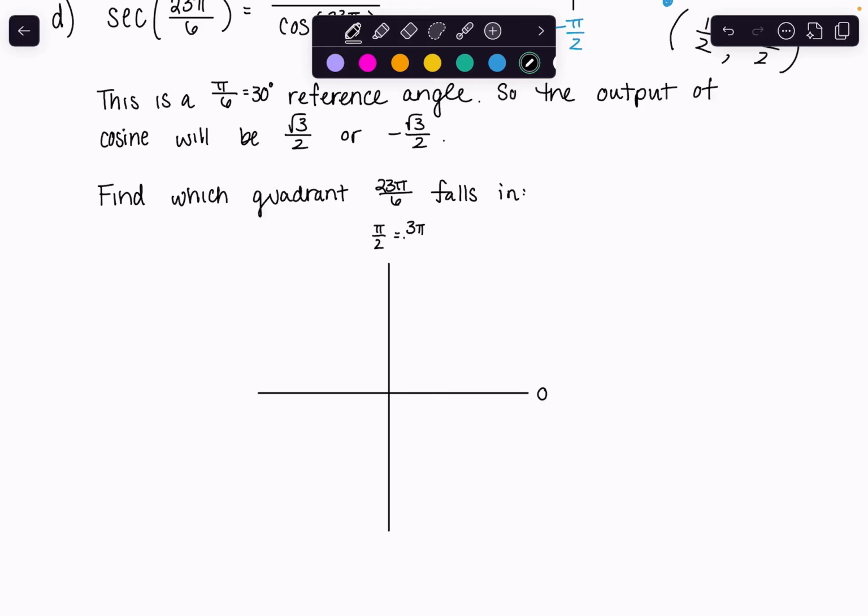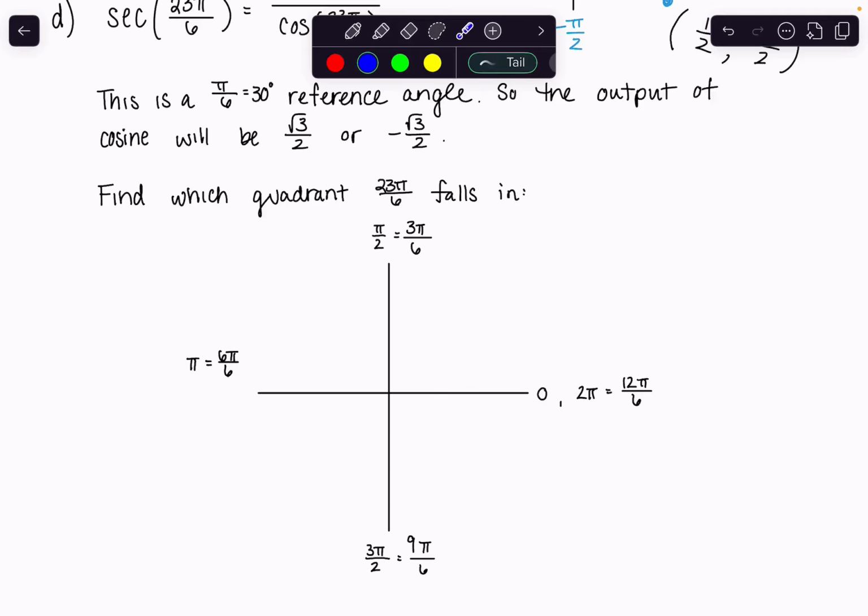This is going to be 3 pi over 6. This angle is pi, which is 6 pi over 6. Then down here is 3 pi over 2, which to get in terms of a 6 in the bottom would be 9 pi over 6. Okay. And then when I come back up here to 2 pi, that's 12 pi over 6.